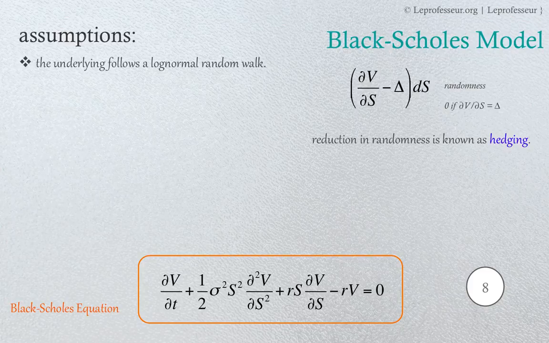Okay. So first assumption is the process is a log normal random process. So all our assets are following a Brownian motion. Asset prices, more precisely. And there is no transaction cost, no taxes. That is an assumption. And we don't get any dividends.